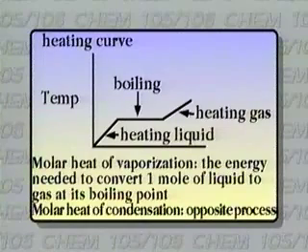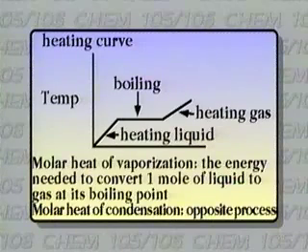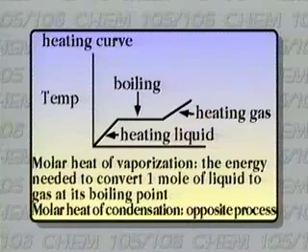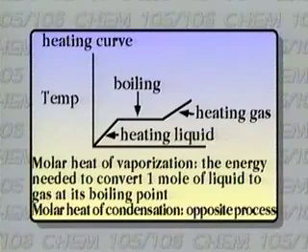The reverse process is molar heat of condensation. However, we usually use only one table. We call it the same thing regardless of which direction we're going. However, one way energy is being put in. So when we're vaporizing something, we're putting energy in. That's endothermic.